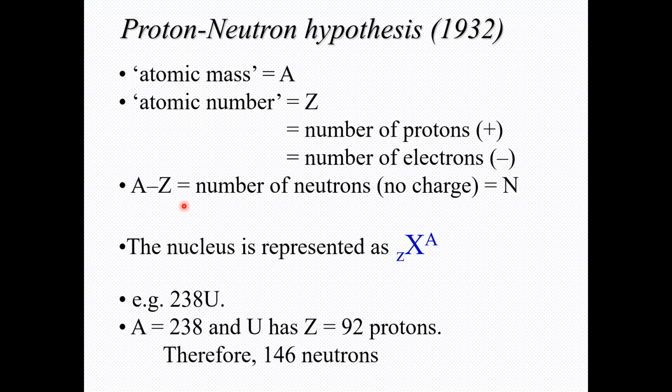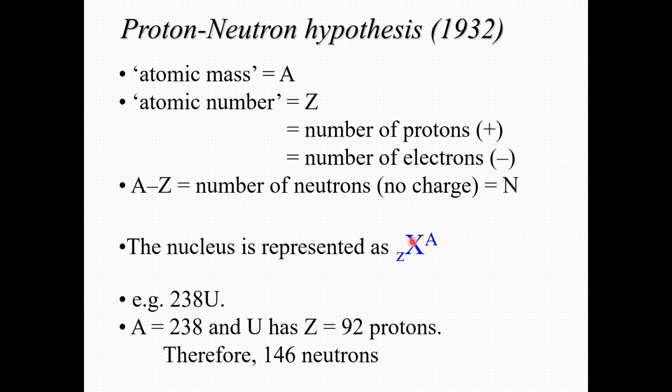A minus Z is the number of neutrons, the neutral particles inside the nucleus, which we can also represent with the capital letter N. And the nucleus is represented with capital X with subscript Z and superscript A.